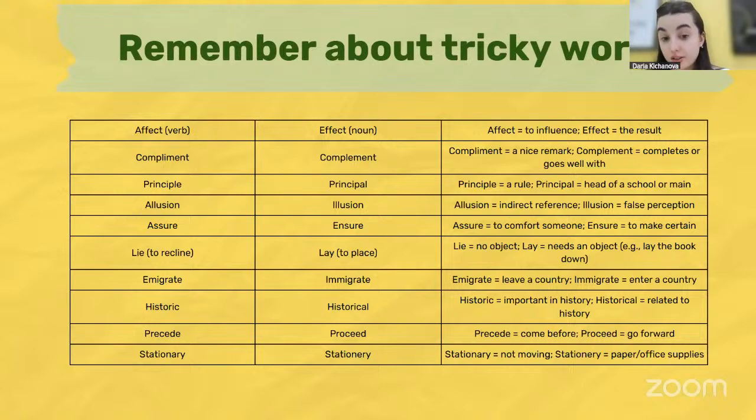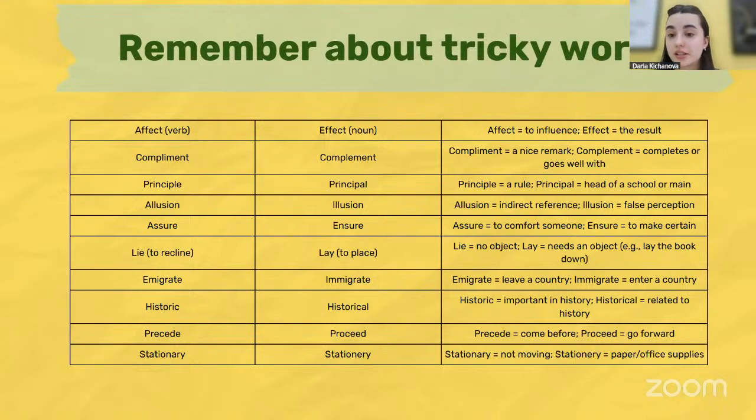So one more example for you. Assure and ensure. So assure, it is to comfort someone, for example, I assure you that this task will be done till the next day.